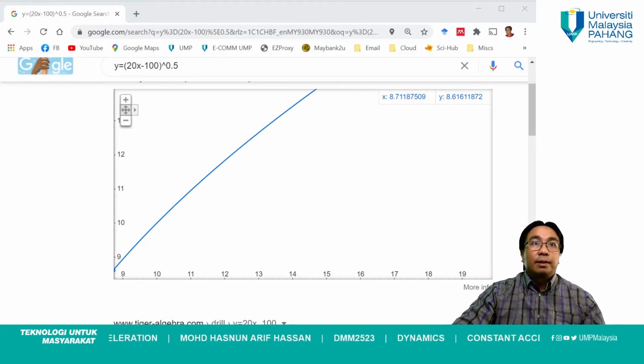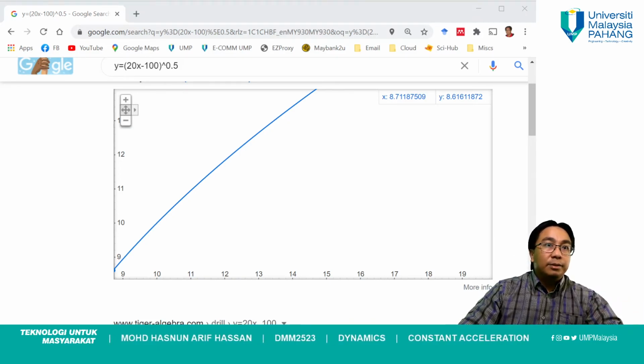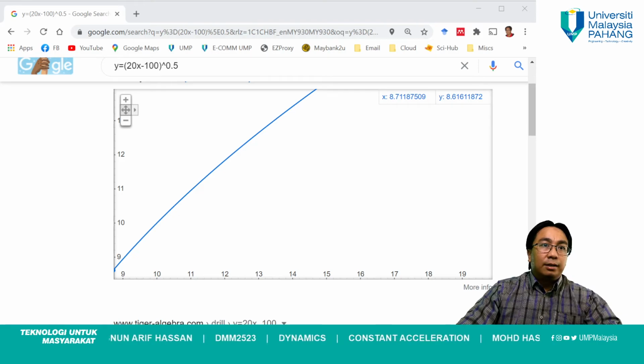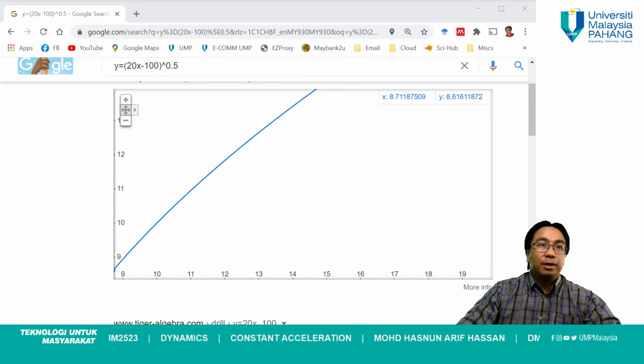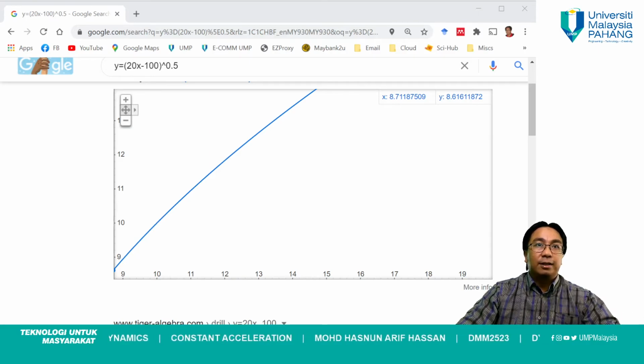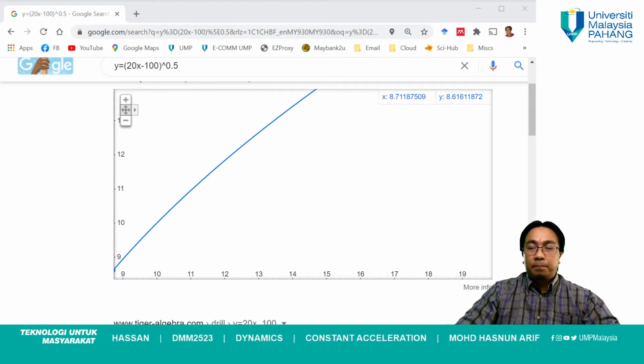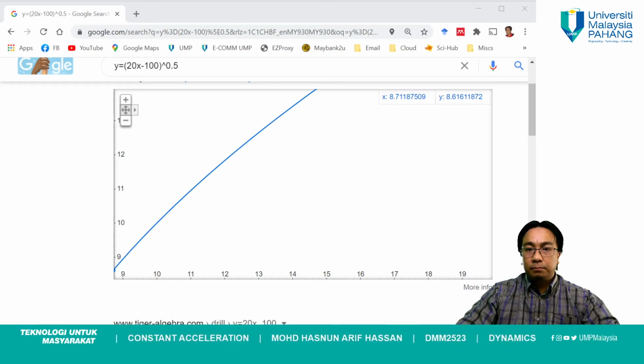Alright. Sekejap ada soalan tadi dalam chat box, kalau nak cari tahu graf tanpa search macam mana? Saya tak faham soalan, boleh repeat balik soalan tak? Apa maksud soalan awak ni? Maksudnya macam kita nak cari tahu bentuk graf tu, tanpa search, cari kat Google lah semua.